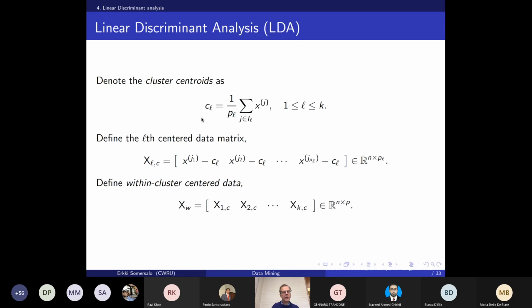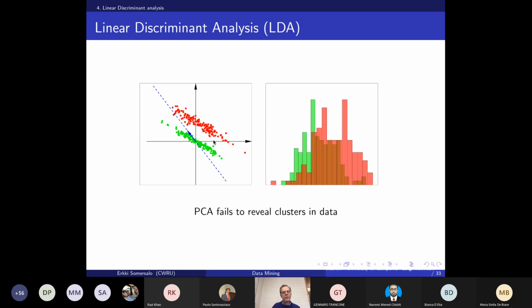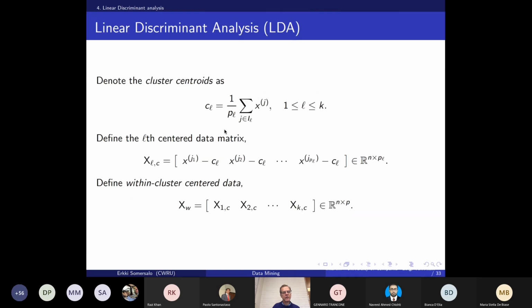And so what I'm doing now, I'm taking each one of those clusters. I'm calling them clusters, although I don't really know if my data is clustered. So this cluster is just to keep my picture in mind. So the green cluster and the red cluster are the subsets of the data. So I'm referring to the subset as clusters. So I'm calculating for each cluster the centroid or center of mass.